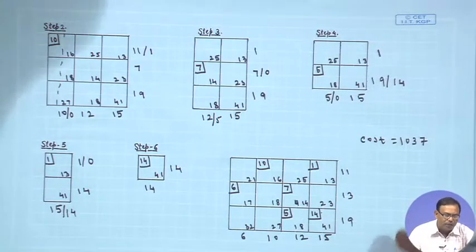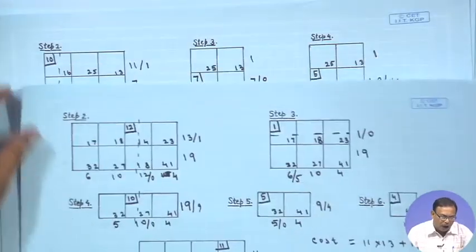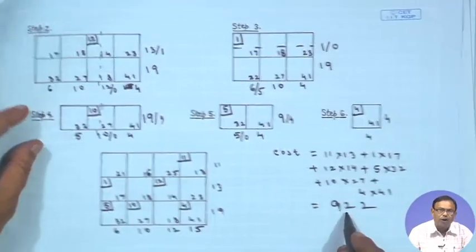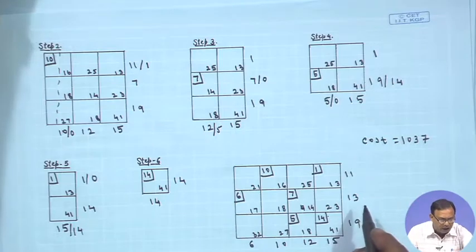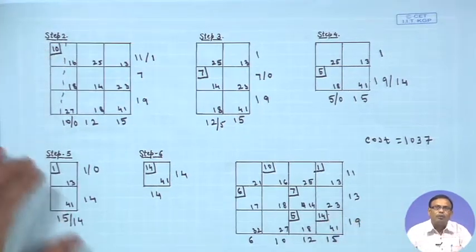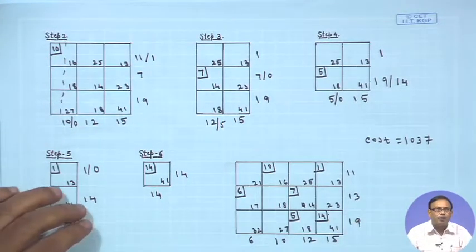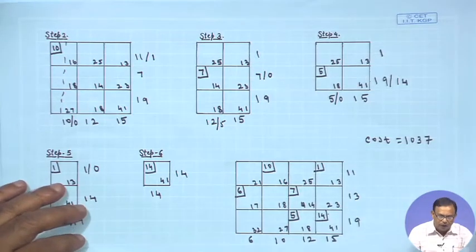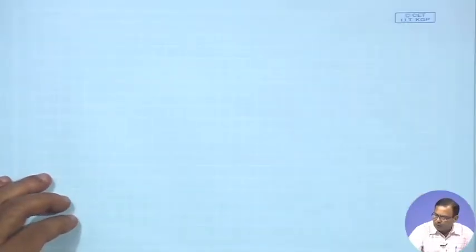Although, for the same problem, if you see the earlier case, it was 922. So, as we are telling, you will obtain a feasible solution, but that may not be the optimum. We will come to that one.